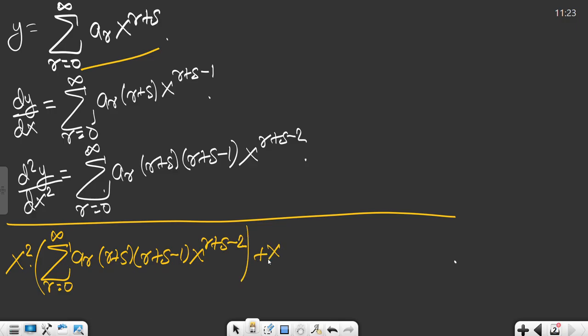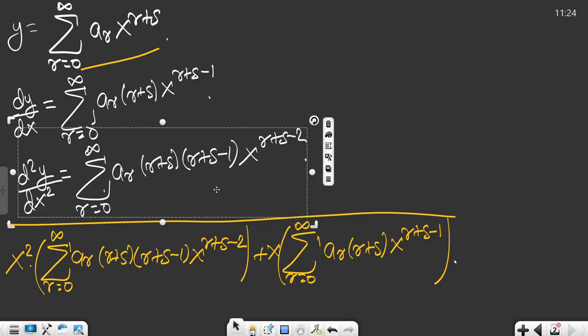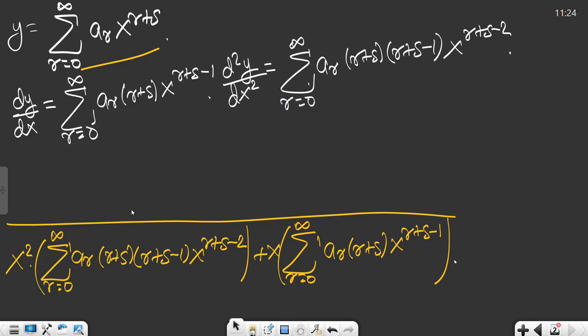And then plus x times the first derivative, that is the infinite sum of a sub r times (r plus s), x to the r plus s minus 1. I have slightly fewer pages, so I have to shift this to have some space.